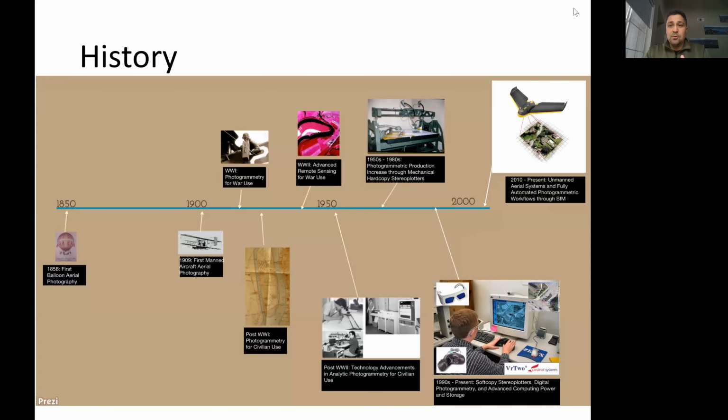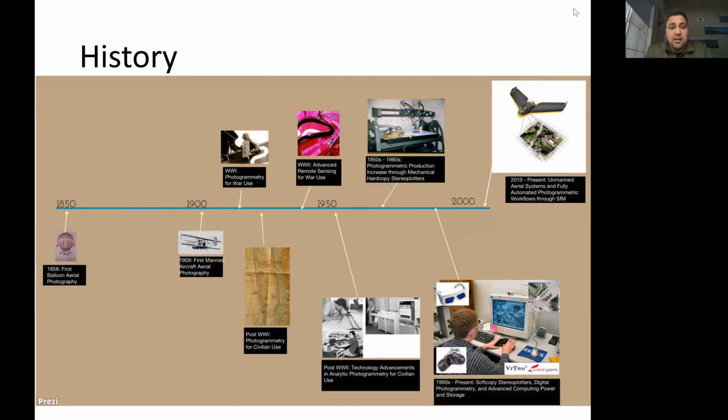Okay, now just a brief timeline about how all this has gone down over time. We go way back into the middle 19th century, and we have to first look at aerial photography in general. And this was from a French guy named Nadar.